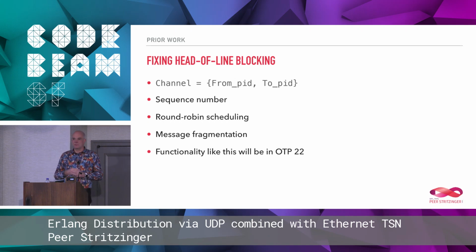Then there's another issue: head-of-line blocking. Head-of-line blocking means that everything goes through one TCP connection, so one pipe for all these messages. And if one process sends a large message, then every other message has to wait behind that large message in the queue until the large message goes all through the wire and arrives at the other end, and then the smaller messages can get sent.